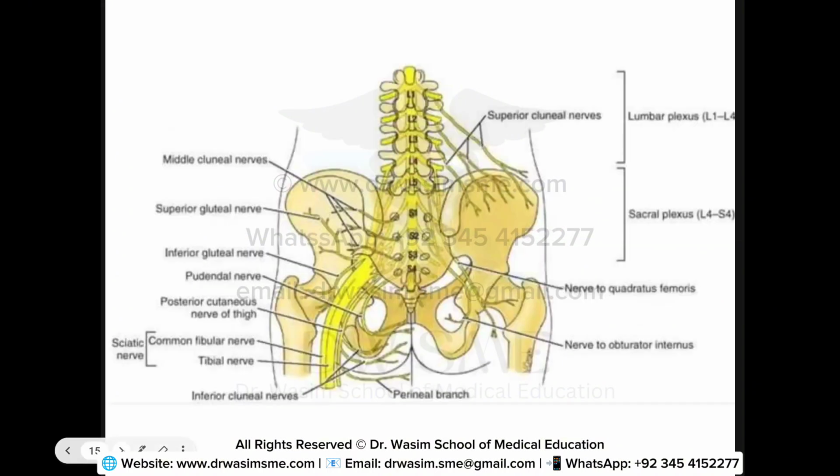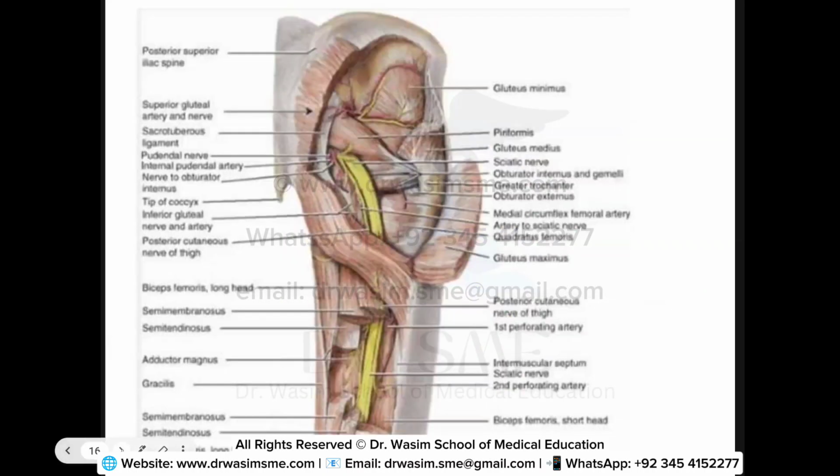So as you could appreciate from this diagram, the sciatic nerve is one of the thickest nerves in the body, and it is also coming from the lumbosacral area, with L4 to S1 being the root value. So again, a further dissection showing the posterior area of the thigh.